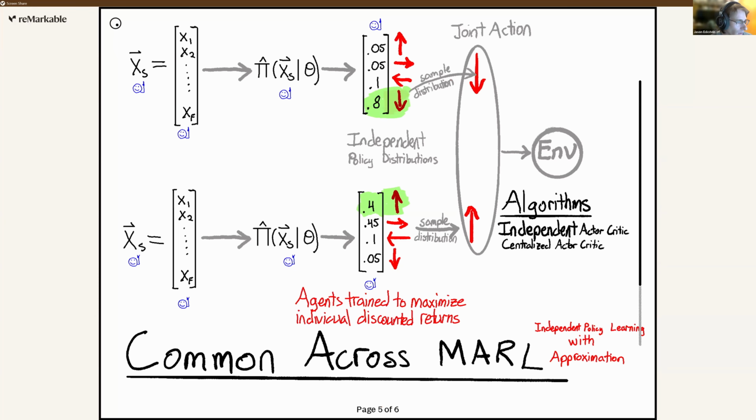So the next thing we looked at, in chapter 9, was a version of policy gradient learning that was also independent learning. Each agent is still learning its own policy function, where it's trying to maximize its individual returns.